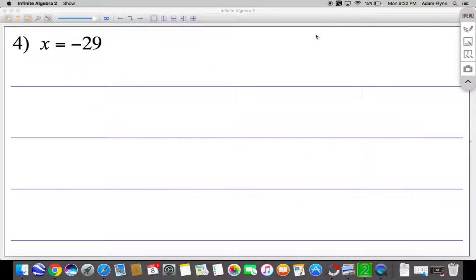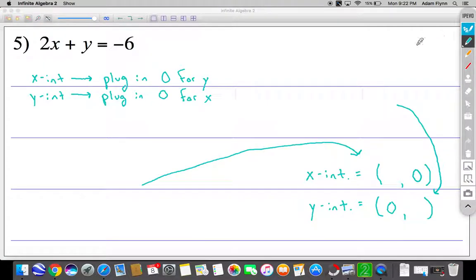Okay, now let's move on to number 5. For number 5, let's do the x-intercept first. So we have 2x plus 0 equals negative 6. I don't need to rewrite that 0, so we're left with 2x equals negative 6.